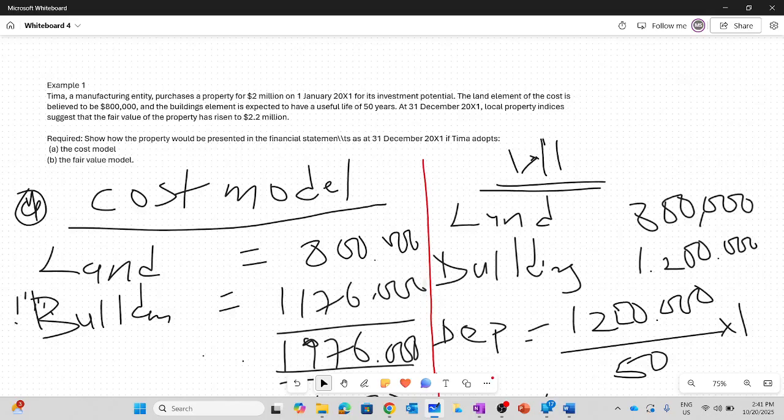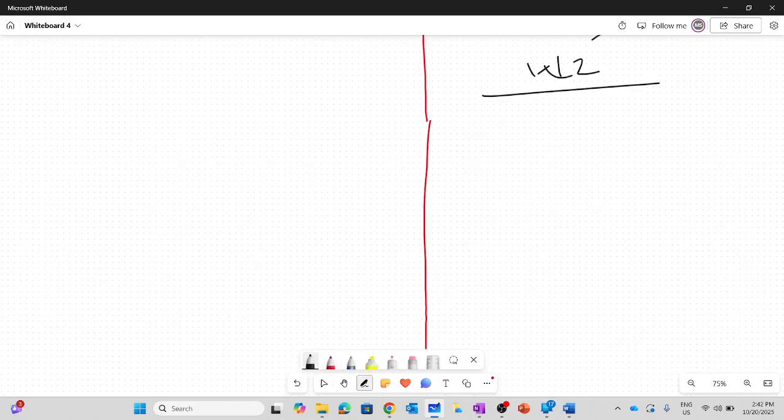So we are talking about working two, the fair value. We are looking at the value for land and building, which equals $2 million. This value is at the 1st January X1.